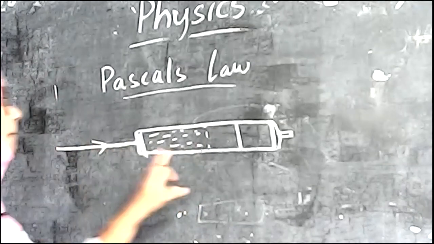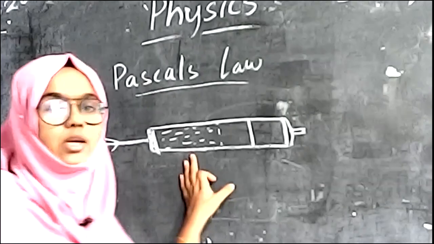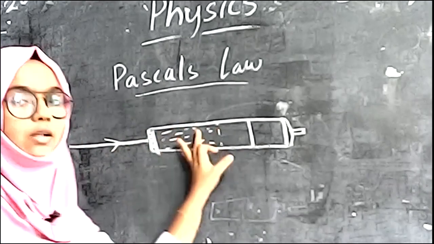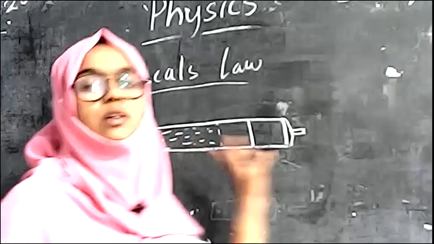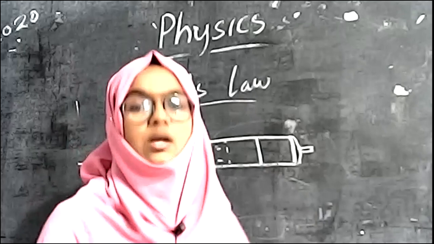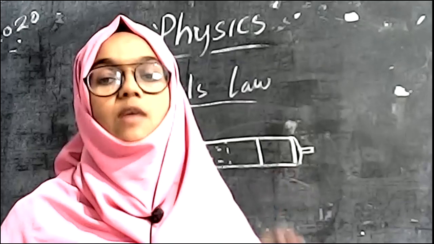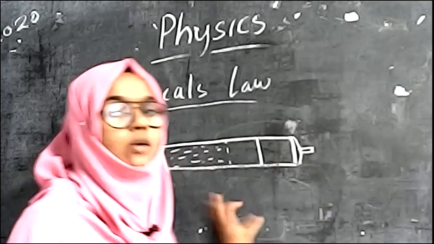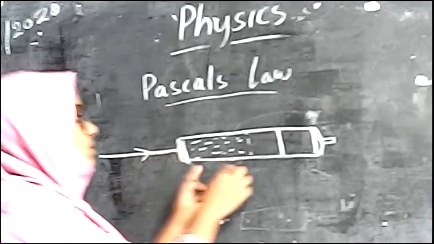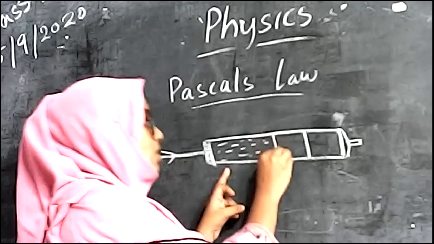But this does not change the volume of the liquid. Here the pressure is not changing the volume of the liquid in the closed system. When we apply pressure to this system, the volume is not changing.